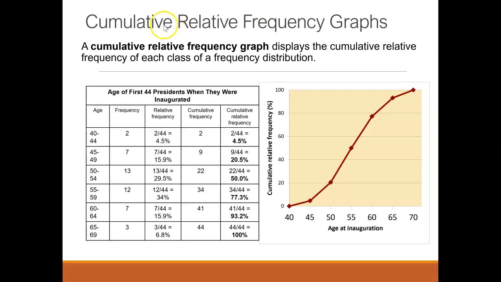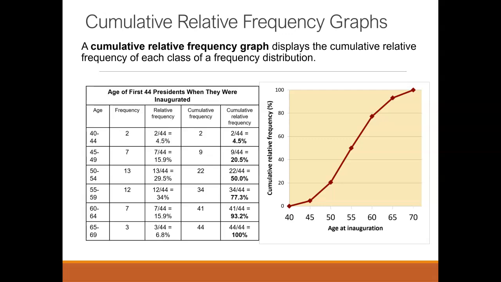So again, little vocab breakdown. Cumulative means that we're adding up. Relative means it's a percentage. And frequency means we're talking about counts. Everybody's cool?